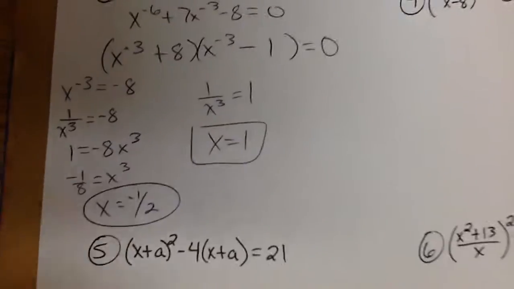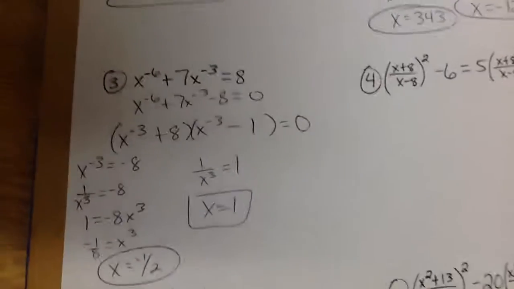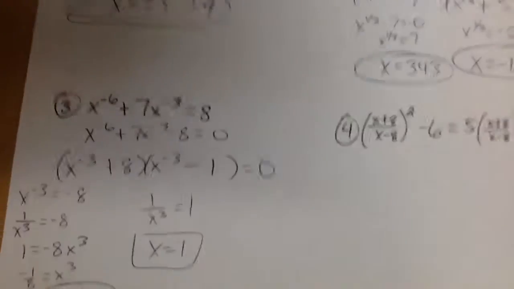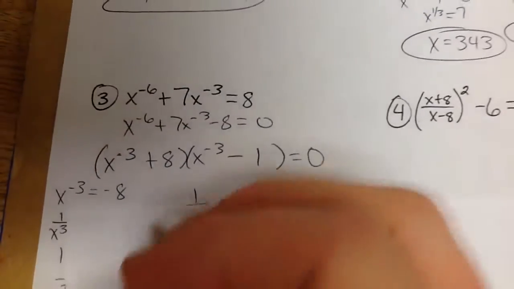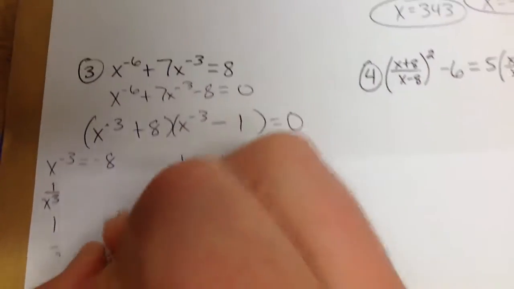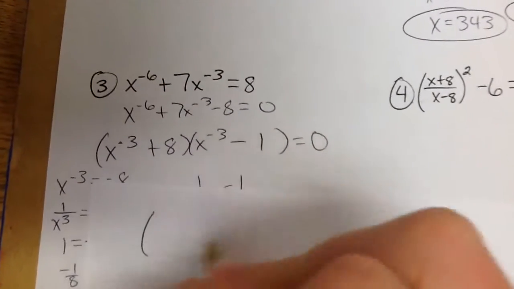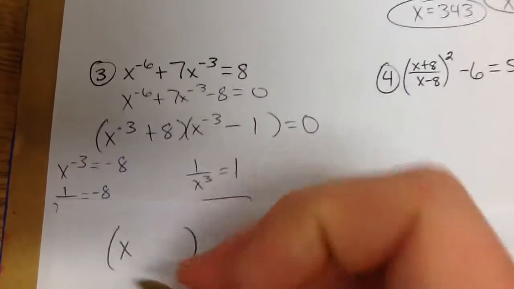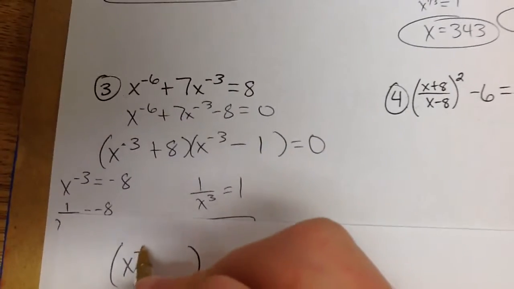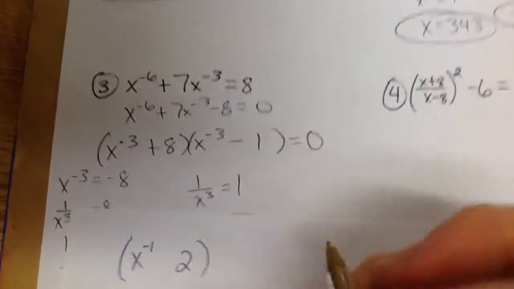But now that I think about it, there could be more. So let's actually, thanks for this, Amy, let's actually do the sum of cubes there. So let's see, that would be what? x to the negative 1 and 2.